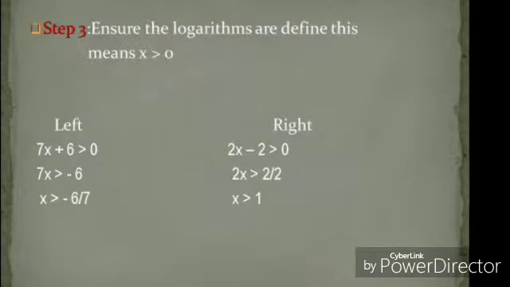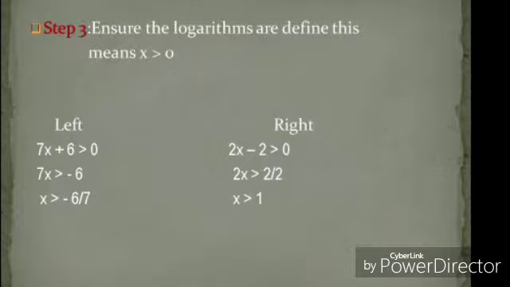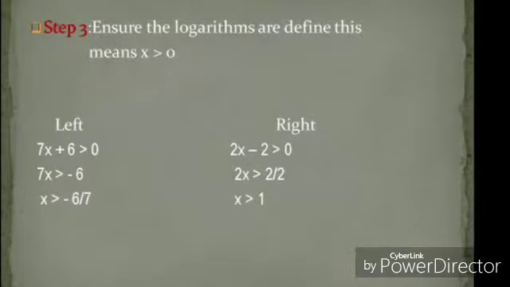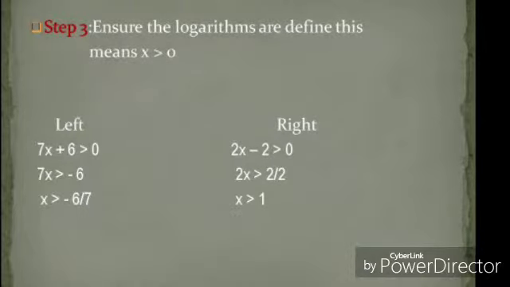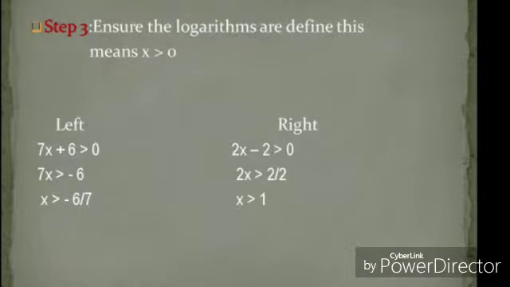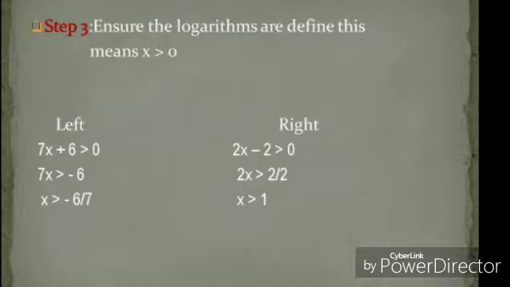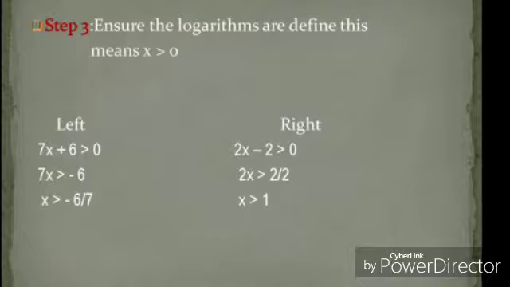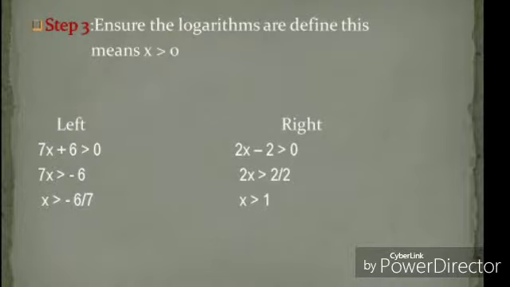So it will be 7x greater than negative 6. The positive 6 will be turned to negative 6. Third step, we are looking for x, so we divide 7 on each side. So it will be x is greater than negative 6 over 7.